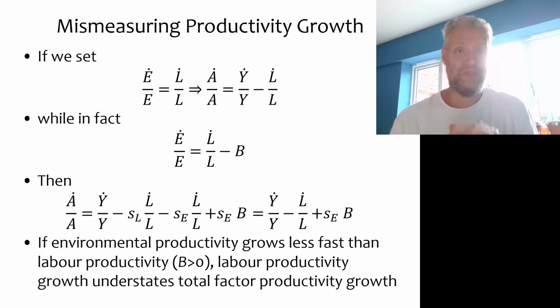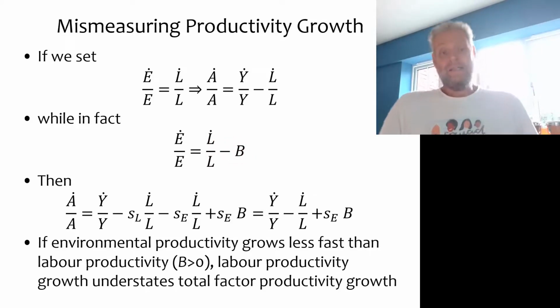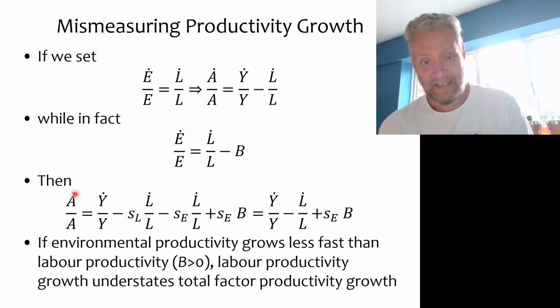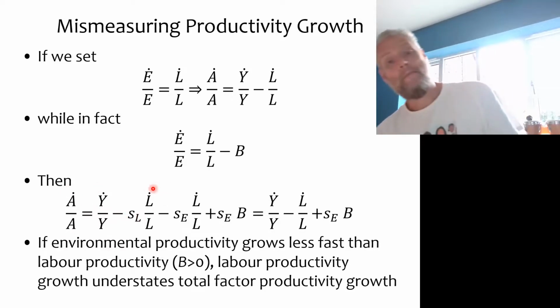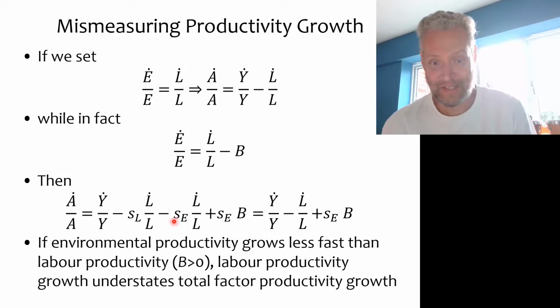If it is true that the environment grows more slowly than labor, so we subtract a positive constant B, then in reality A dot over A, the growth rate of total factor productivity, is the growth rate of the economy minus the growth rate of labor times its cost share, minus the growth rate of the environment times its cost share.